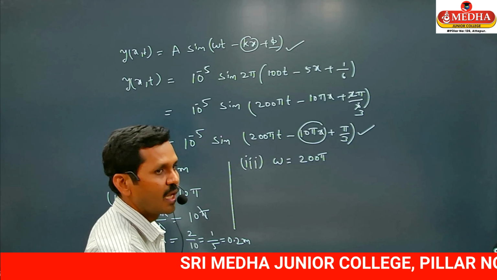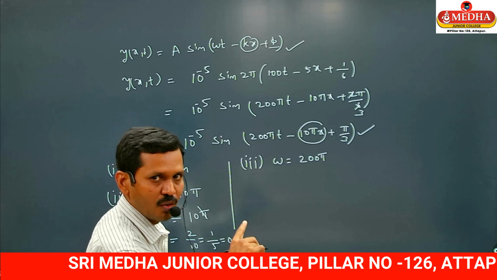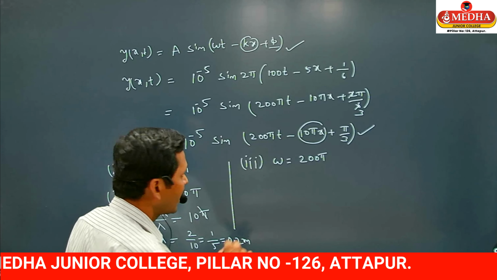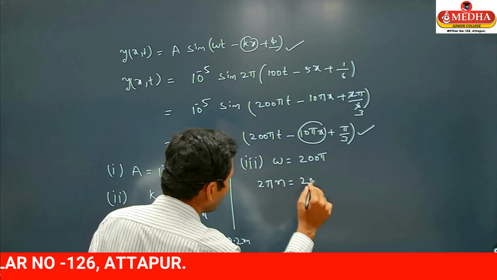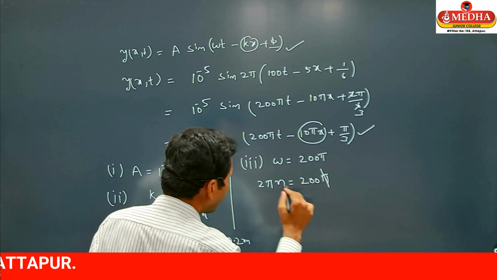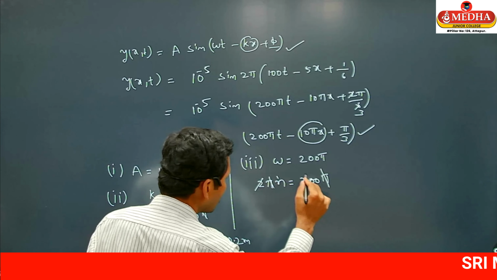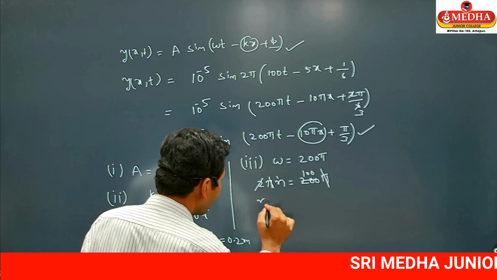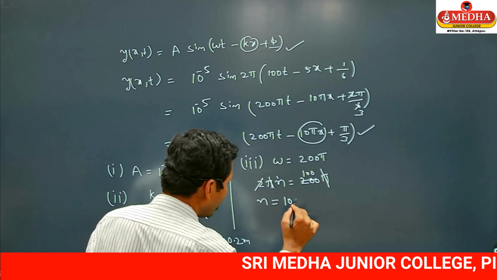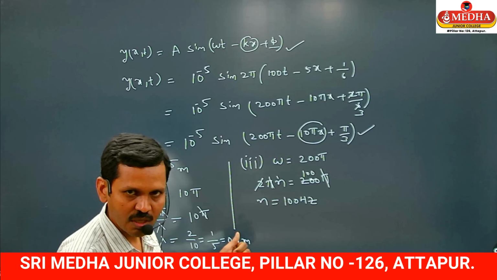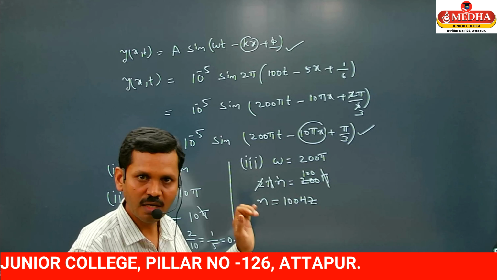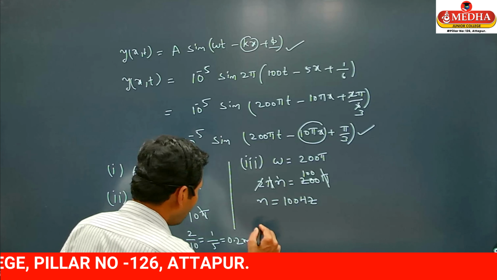This is the angular frequency, but we know omega is 2 pi n. So taking 2 pi n equal to 200 pi, pi cancels, and 2 into 100 times cancels here. Therefore the frequency n is equal to 100 hertz. So I got the angular frequency and linear frequency here. Next, fourth bit here.